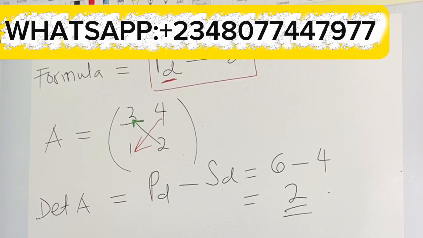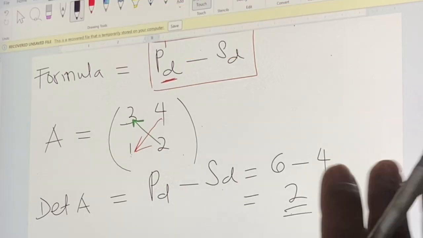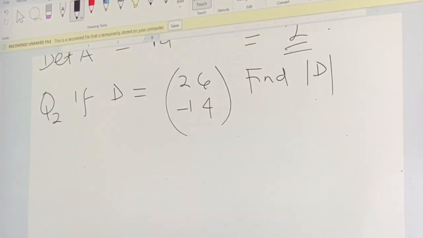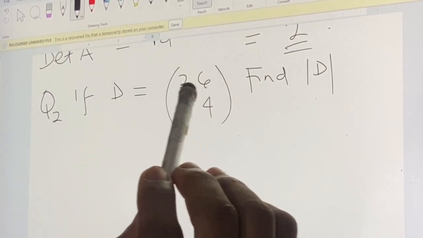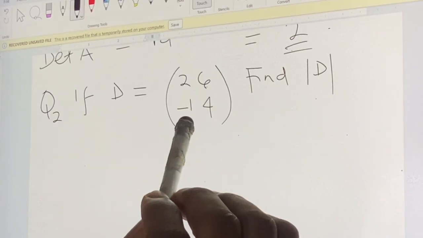So let's solve the next one. That is question 2. We are given that D is equal to the matrix 2, 6, minus 1, 4.